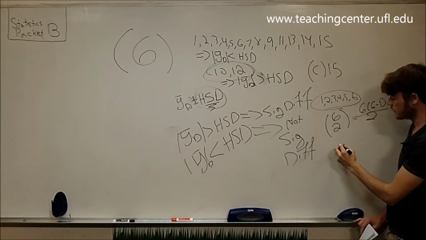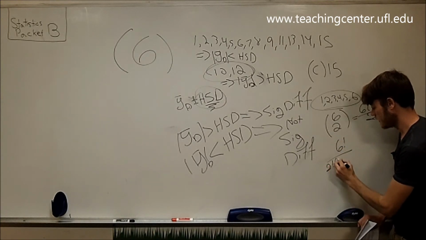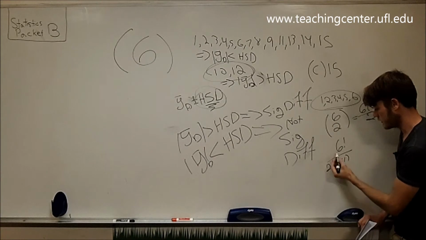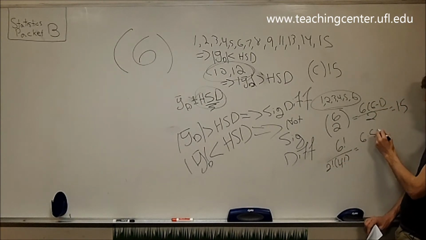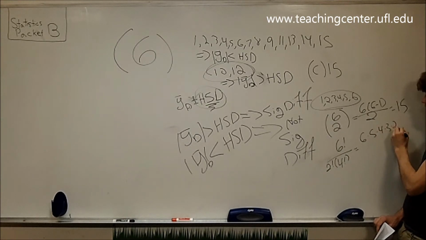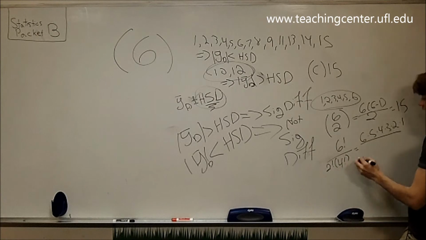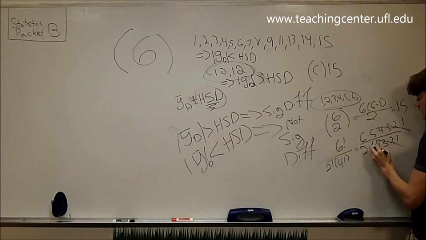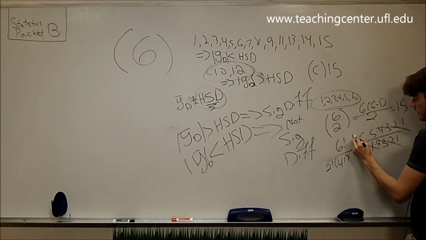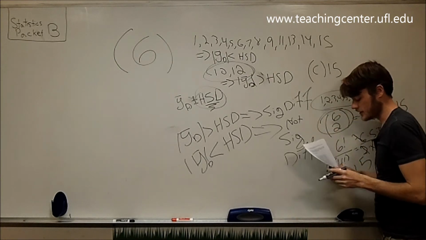But 6 choose 2 also equals 6 factorial over 2 factorial times 4 factorial, where 6 minus 2 factorial is 4 factorial. That equals 6 times 5 times 4 times 3 times 2 times 1 over 2 times 1 times 4 times 3 times 2 times 1. So these cancel out, and 3 times 5 equals 15. These are the two things that answer that question.